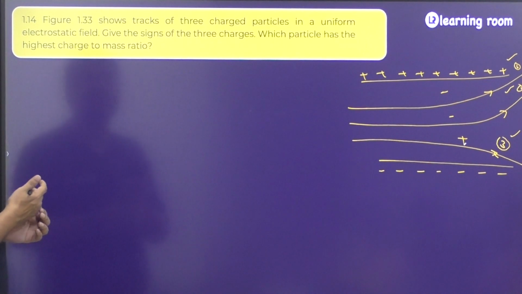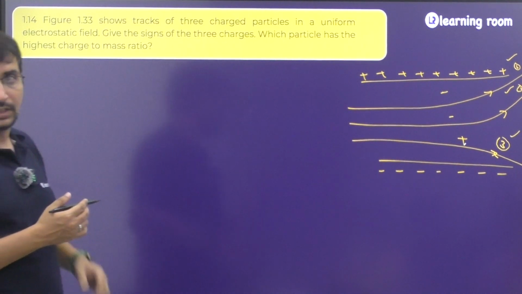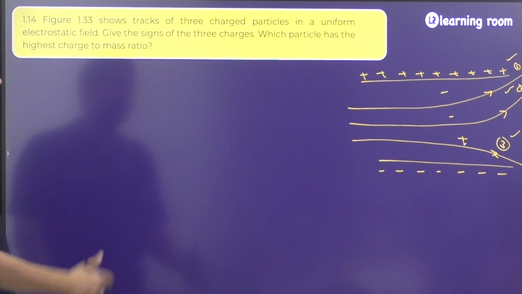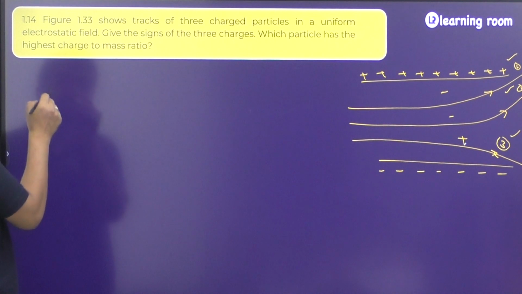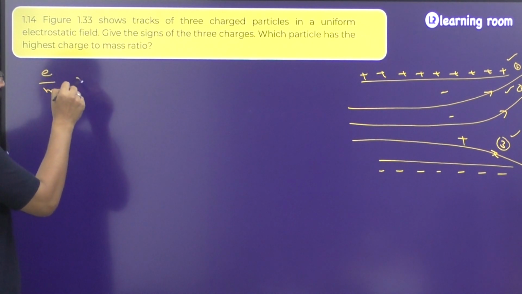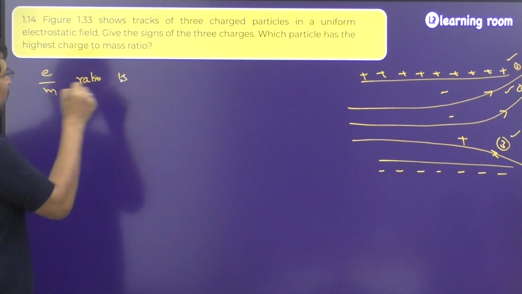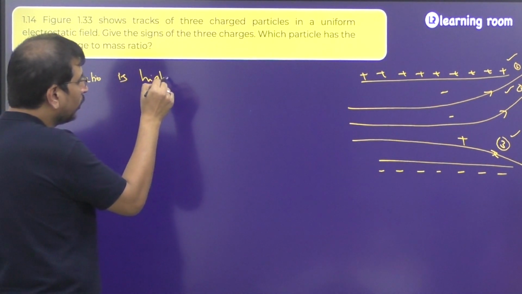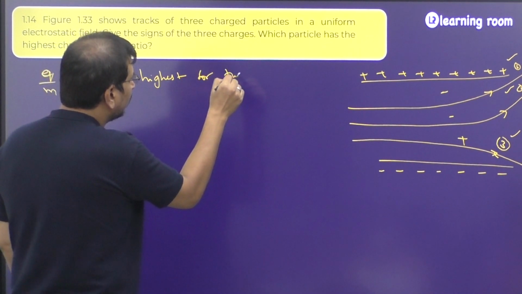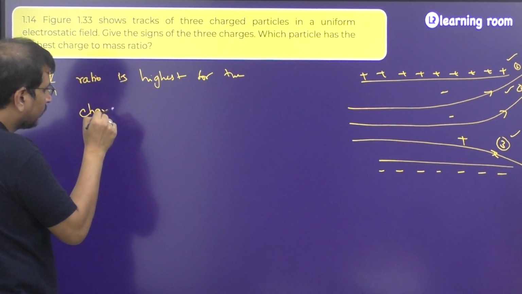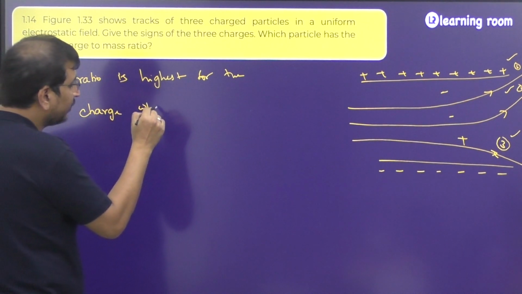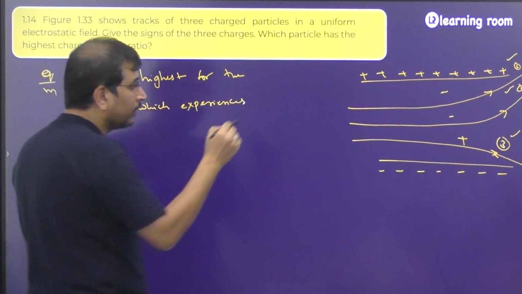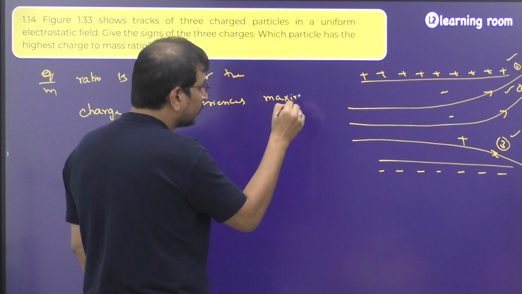Which particle has the highest charge to mass ratio? So the answer to the second part is that the Q by M ratio is highest for the charge which experiences maximum deviation.